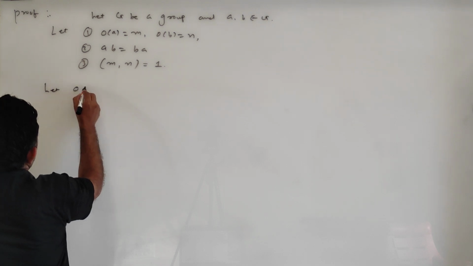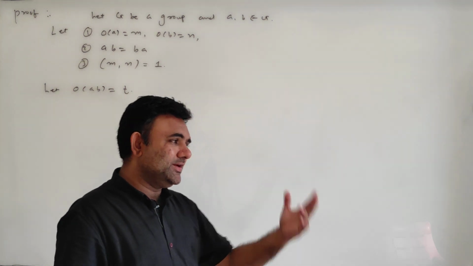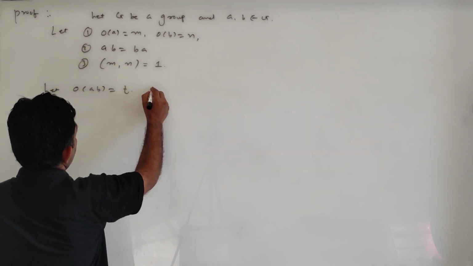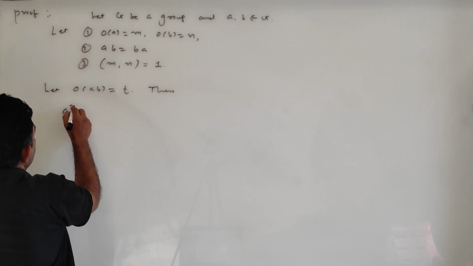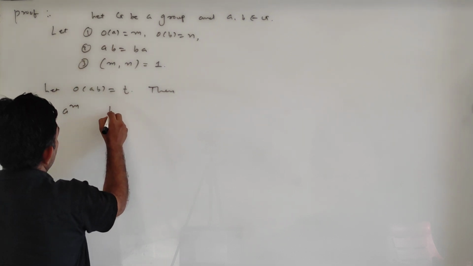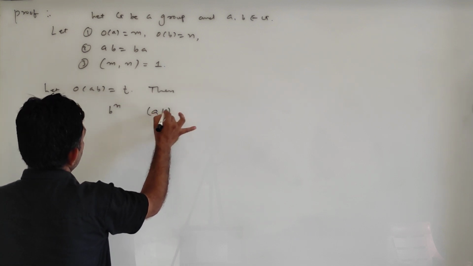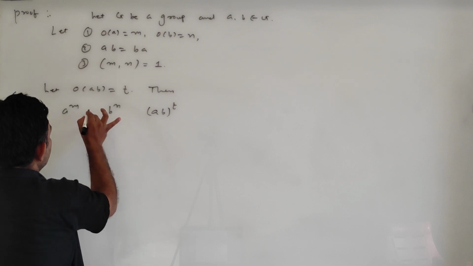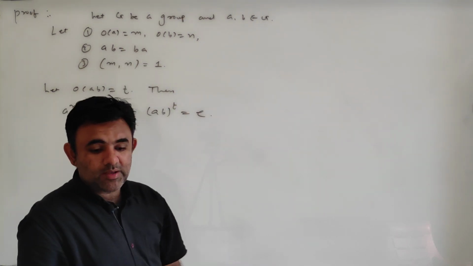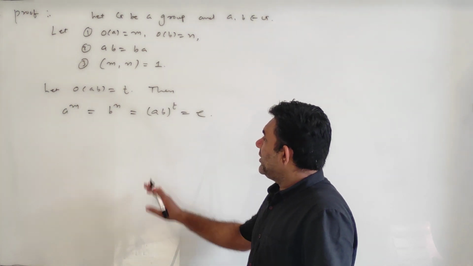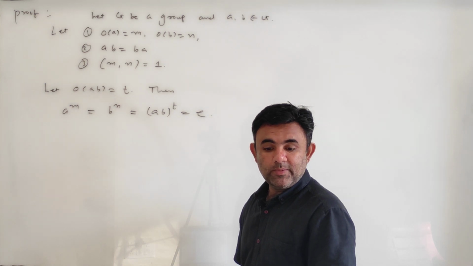Let order of ab be equal to t. I don't know what the order of ab is, so let me say it is t. Then, order of a is m, so a raised to m. Order of b is n, so b raised to n. And order of ab is t, so ab raised to t. These three give me the identity, because the corresponding powers give me identity.